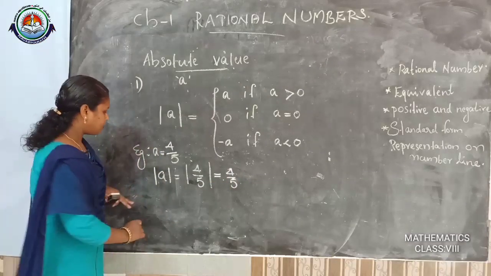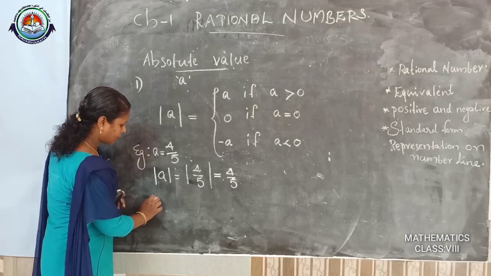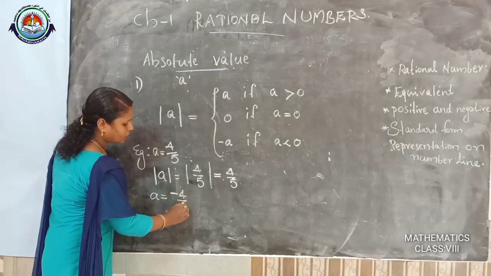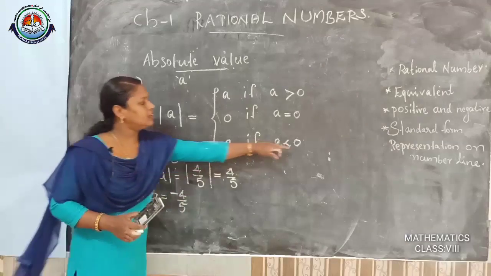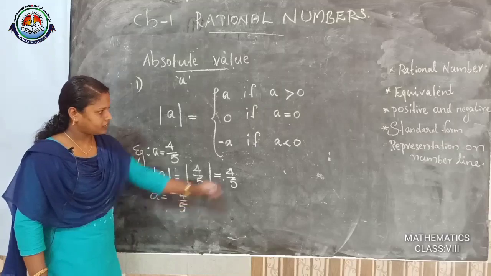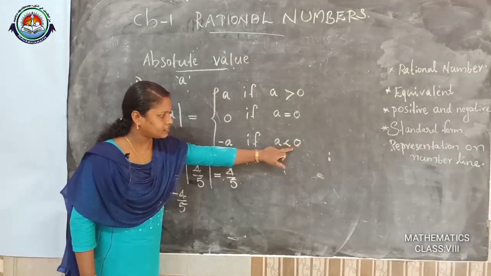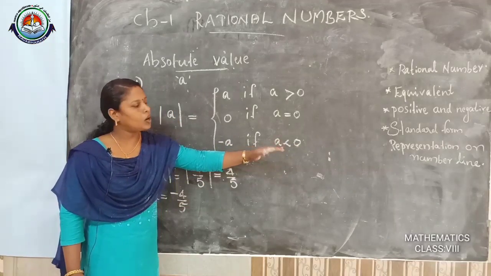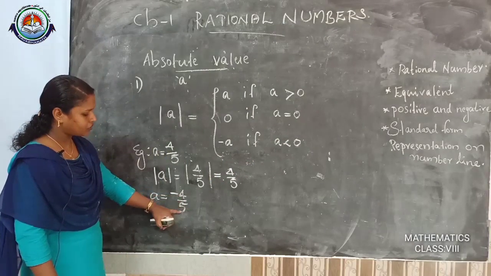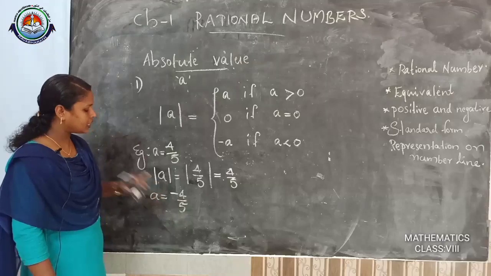And suppose A equal to negative 4 by 5. We can take the third case. In the third case, A is less than 0. Less than 0 means all negative rational numbers. Here A equal to negative 4 by 5. It is less than 0.